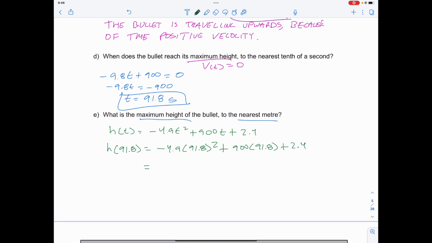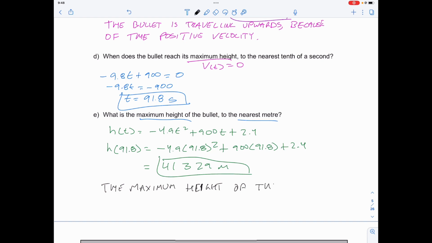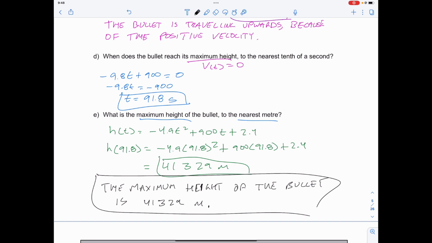And to the nearest whole meter, this is going to be 41,329 meters. The maximum height of the bullet is 41,329 meters. And that's it for lesson 1.